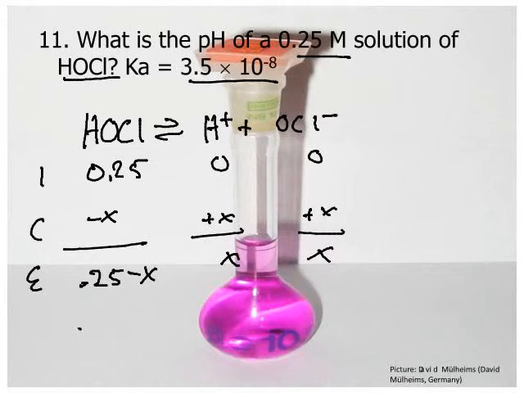So that I can say 3.5 times 10 to the minus 8 is equal to x squared over 0.25 minus x. Again, I'm going to plug this into my solver.